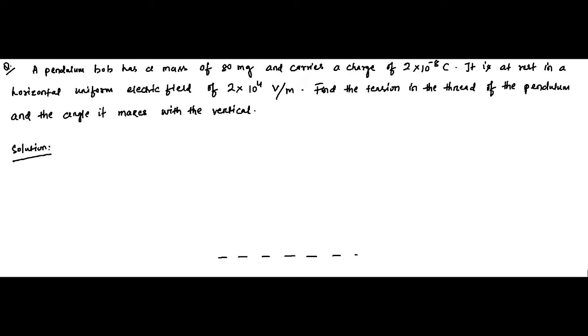This is, let's say, the horizontal axis, and let's say the pendulum bob is here. And this is the vertical axis.